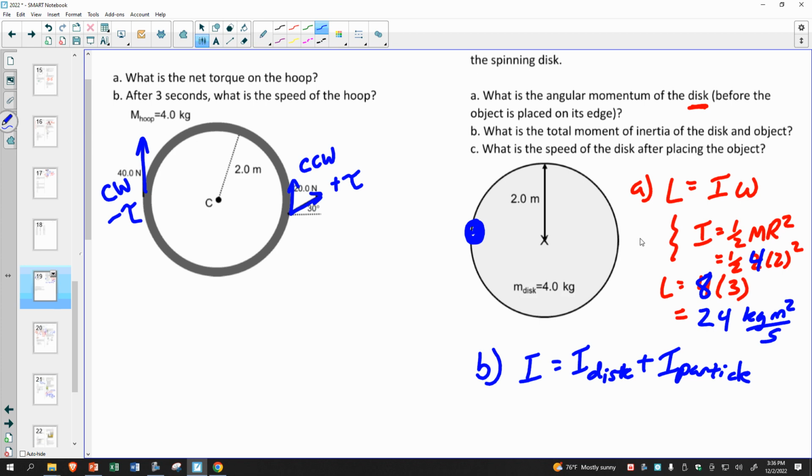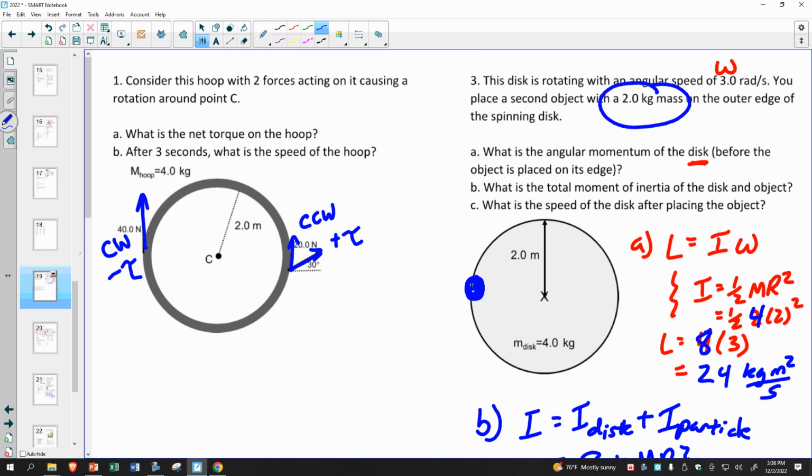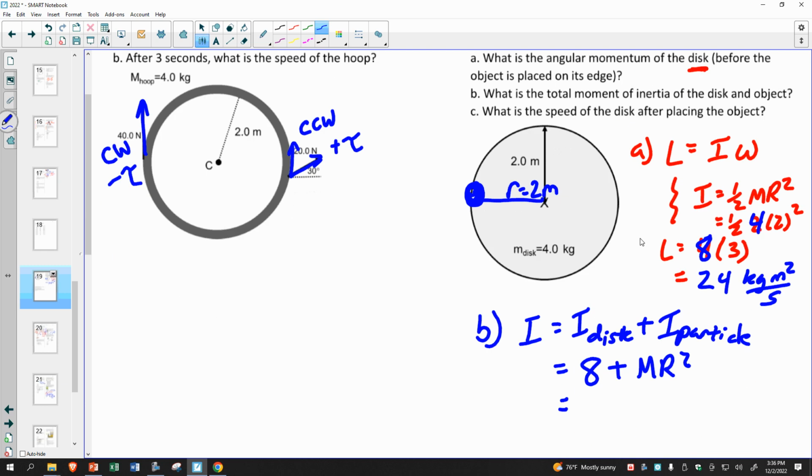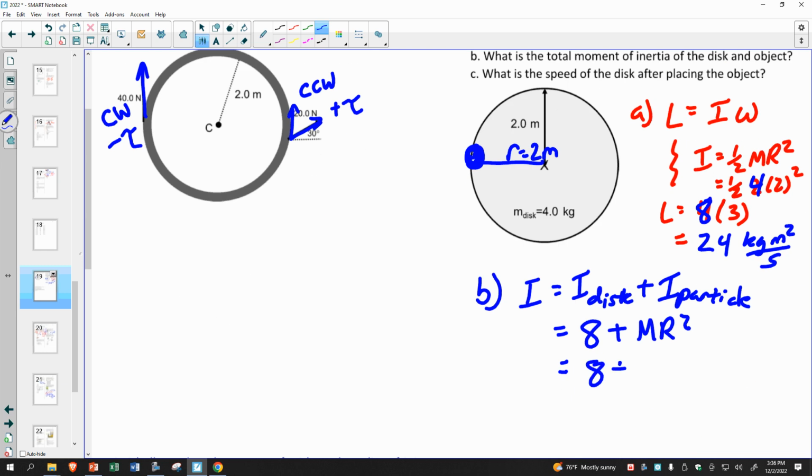I of the disk we've already found to be 8, plus mr squared, where that's the mass of the particle, which is a 2 kilogram mass, times the distance r, which is 2 meters. So that's 8 plus 2 times 2 squared, so it's 16 kilogram meters squared. That's the total moment of inertia, where I'm adding up the moments of inertia for 2 different objects.